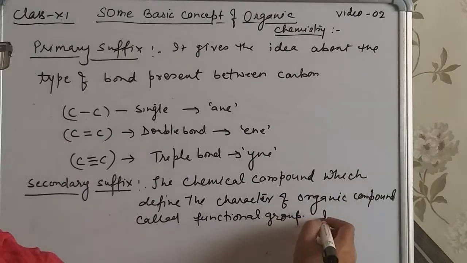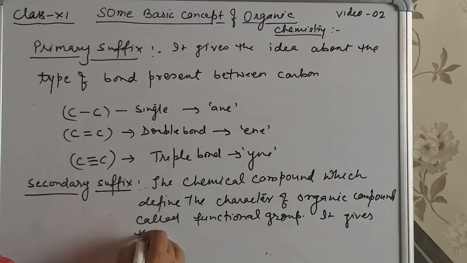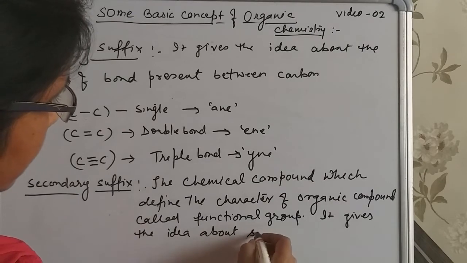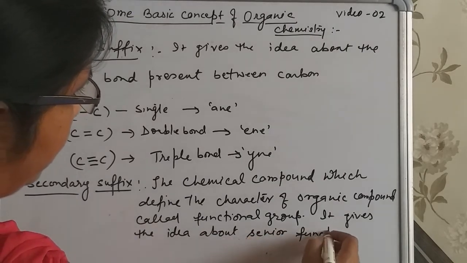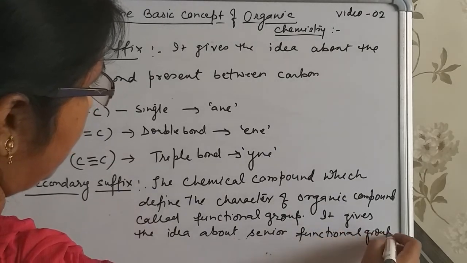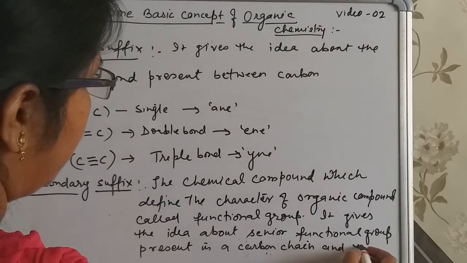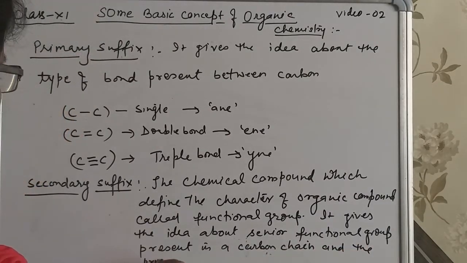It gives the idea about the senior functional group present in a carbon chain, and the priority table is given below.